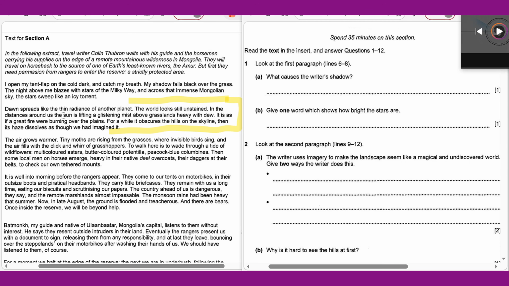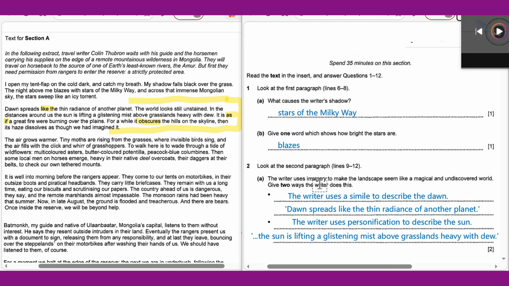Skim this text. This is a clue. This is another clue. Alright, let's open up the answer. If you need some more time, you may pause this video. Okay, guys, this is an example of the correct answer.